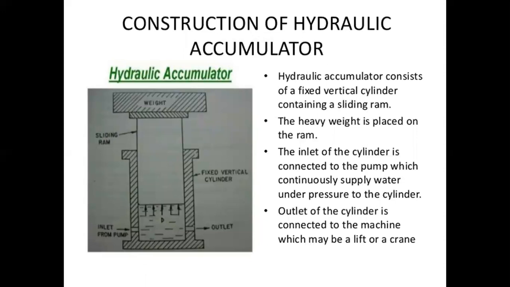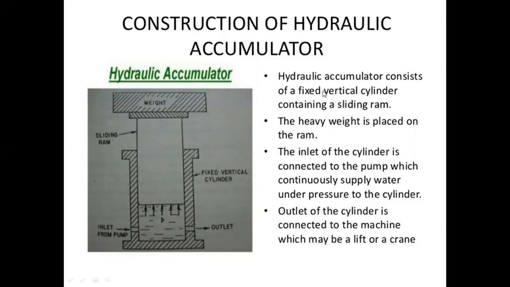You can see the hydraulic accumulator diagram here. It consists of a fixed vertical cylinder and a sliding ram inside this fixed vertical cylinder, and over that sliding ram there is a heavy weight, and this fixed cylinder has two valves, inlet and outlet.